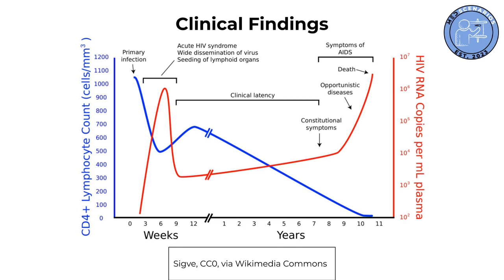In the acute phase, when there's a primary infection, the viral particles shoot up within 2 to 6 weeks, and it reaches a very high level of about 10 power 6. That's a million. And then the CD4 plus cell count drops because a rapid replication cycle leads to more destruction, and then the CD4 cell counts fall.